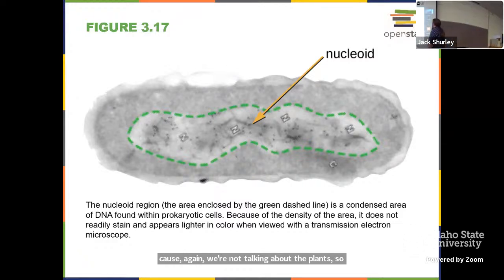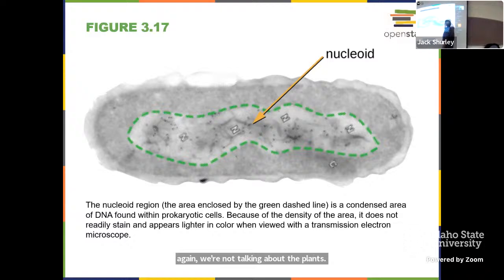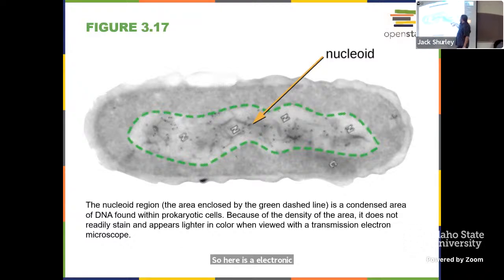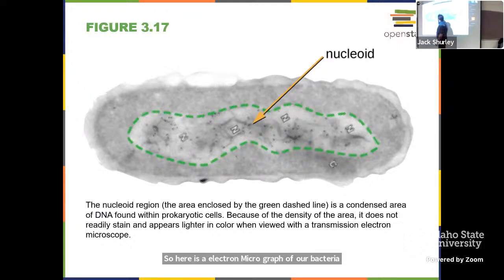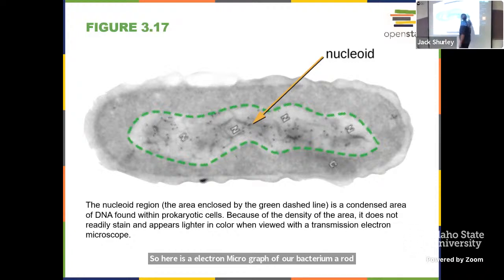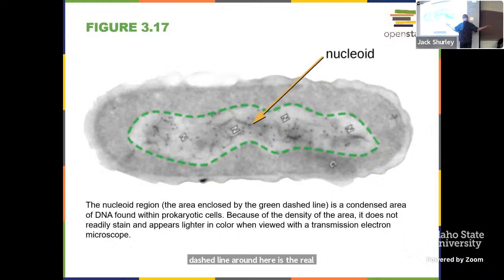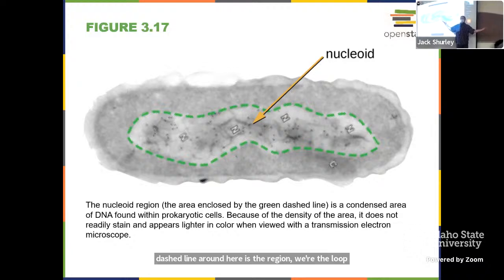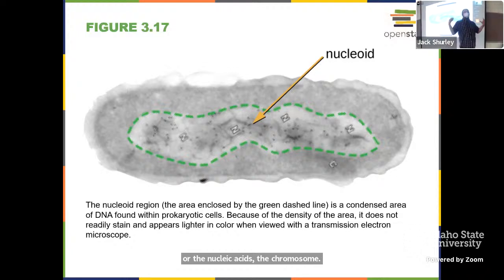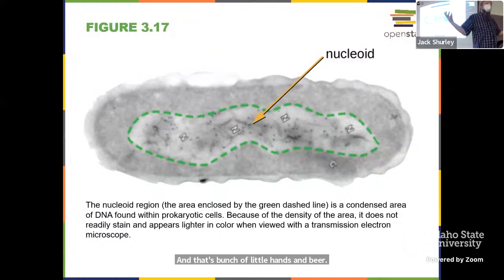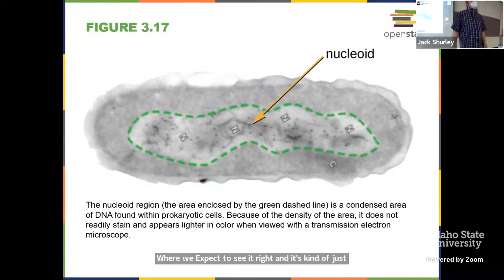So here is an electron micrograph of a rod-shaped bacterium, and this green dashed line around here is the region where the nucleic acids, the chromosome, are, where we expect to see it, right? And it's kind of like the whole inside is what I think, all right?